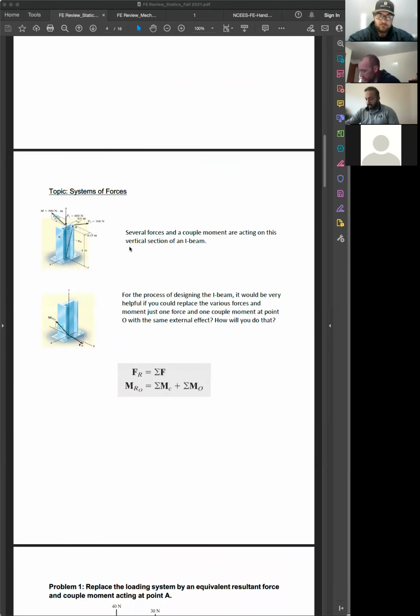If we have a system of forces, you can have all the different forces, you can have moments.